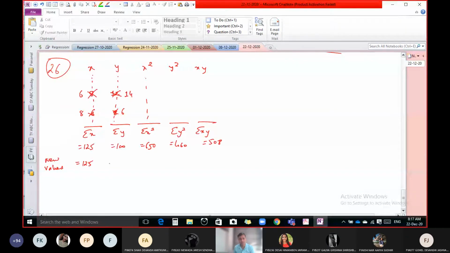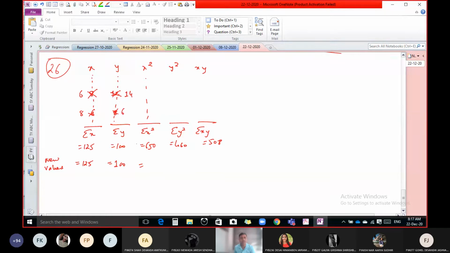Yes, sir. Okay, now can you tell me what is the new value of sigma y? Also the same, sir. Same. The reason is 12 plus 8, that is 20, and 14 plus 6 is also 20. So that remains unchanged. Okay, now what is the change in sigma x square?